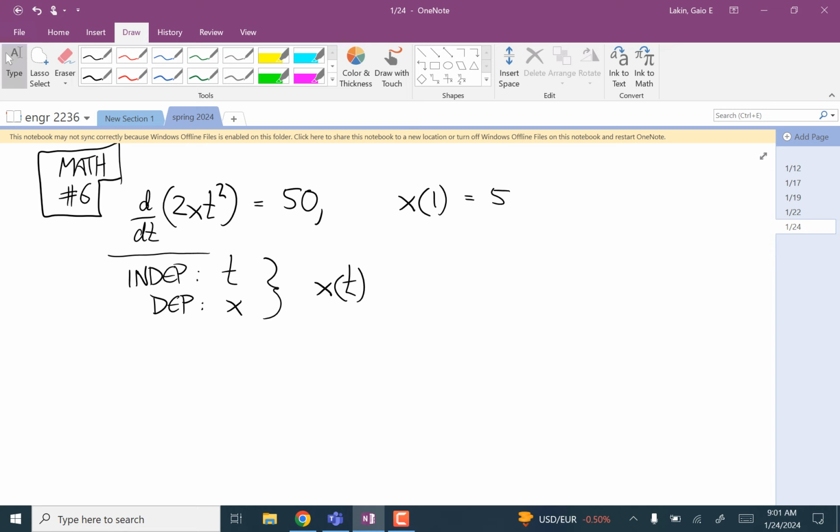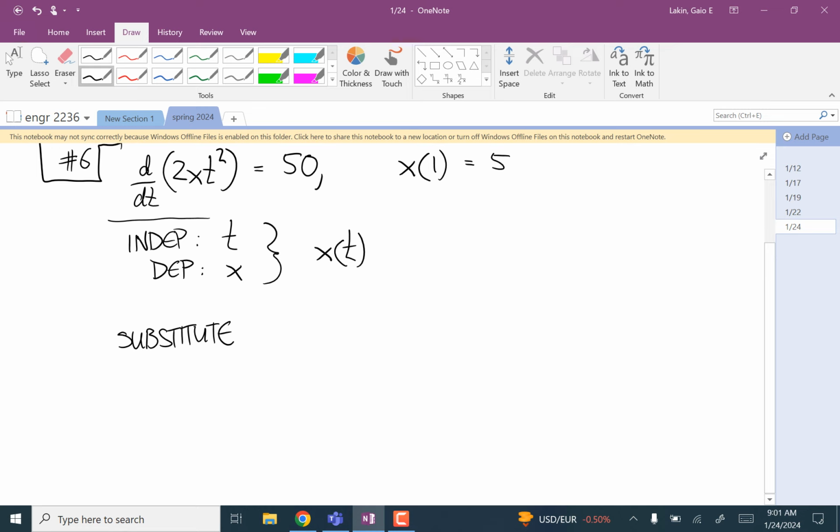There are two ways you can do this. This is the one I like. Substitute z of t, name this new variable 2xt squared, okay?